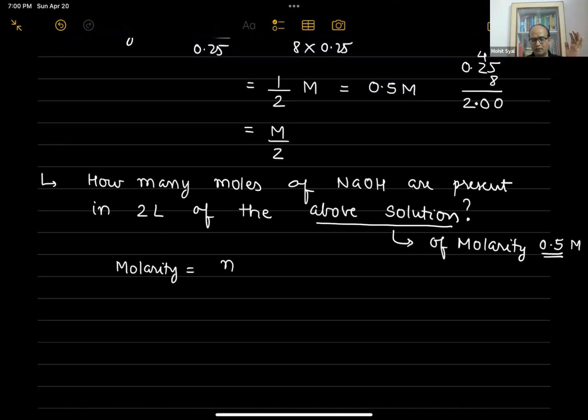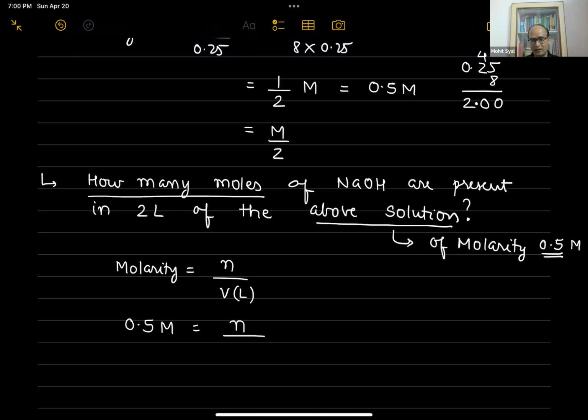Molarity equals number of moles by volume of the solution, and volume should be in liters. So what values are we going to put in molarity? That is the same, taken from the above part, 0.5 M. And the number of moles we have to find out, we have to find n.